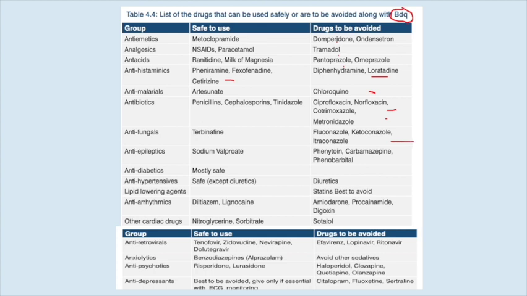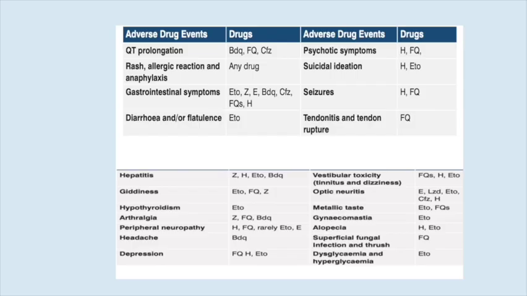Antifungals specifically have a very high interaction. Anti-epileptics have to be taken into consideration. Diabetes medicines can be given, and statins are very important to be avoided. Antiarrhythmics have an interaction, so dose adjustments may be needed. Amongst antiretrovirals, anxiolytics, antipsychotics and antidepressants, also there is a group of medicines which should be avoided when bedaquiline is used.